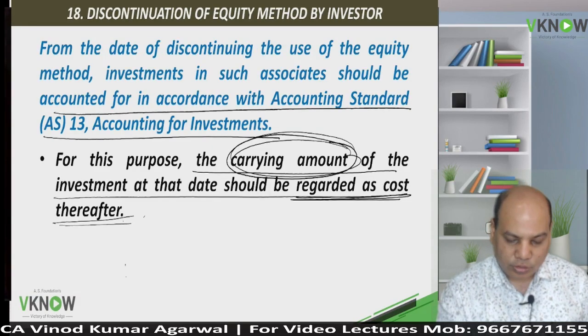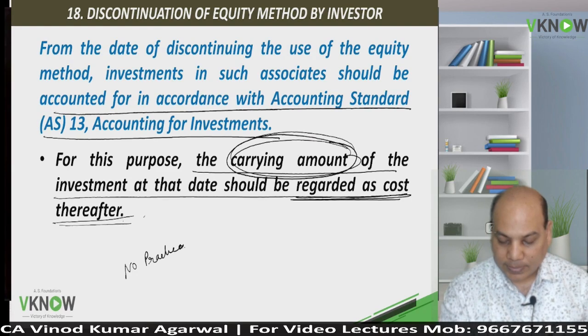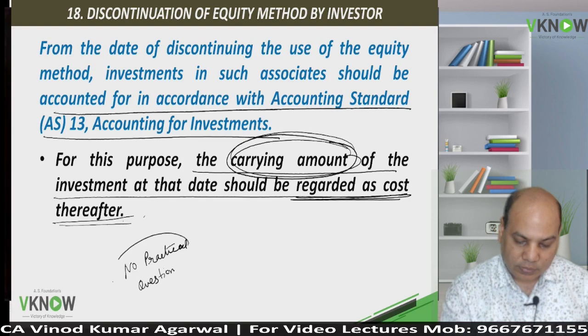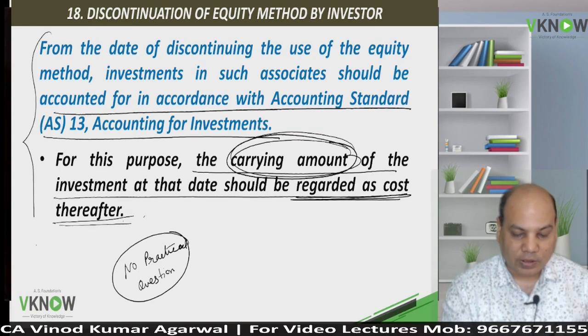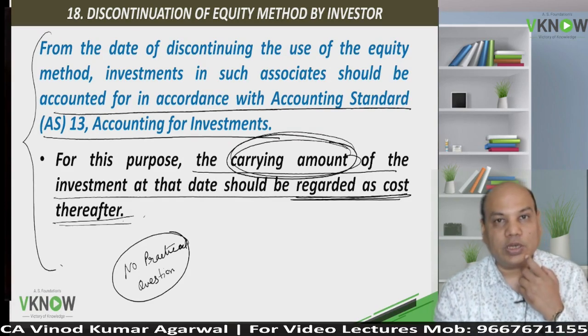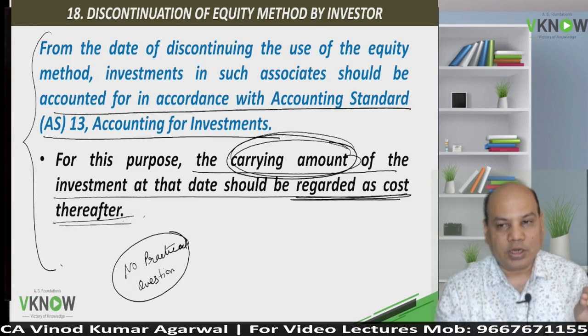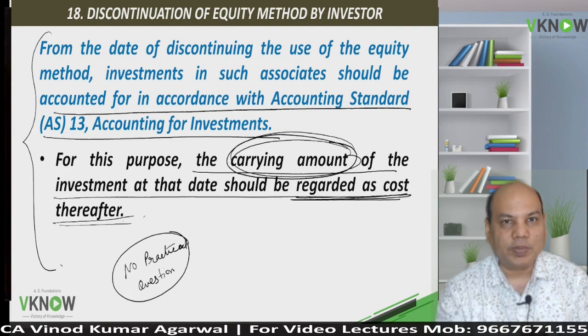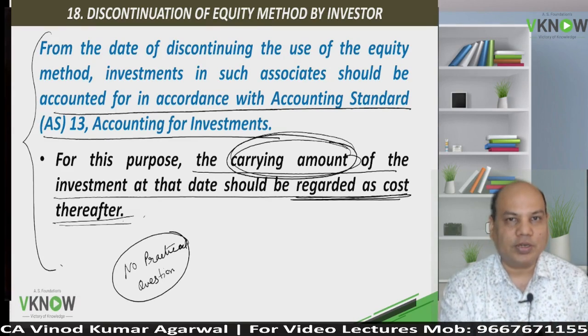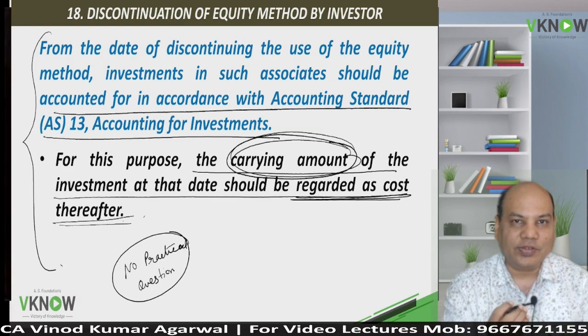One more piece of good news: no practical question on this. The Institute at intermediate level has kept it more simple, more theoretical, but at the final level you will have numerical questions where an associate becomes a subsidiary, or a subsidiary becomes an associate, or an associate increases or decreases its stake.